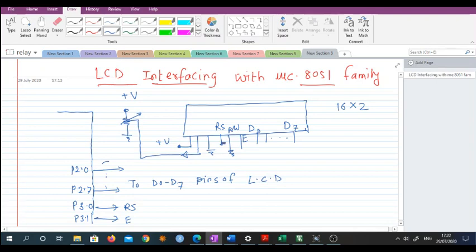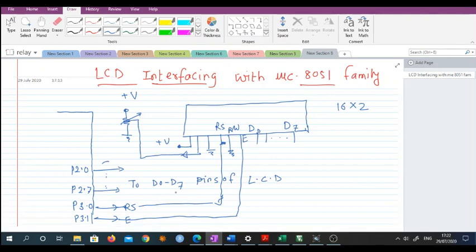The RS pin is connected to pin P3.0, and the enable pin is connected to pin P3.1. In this way the interfacing of the microcontroller with the LCD is carried out. Various pins are connected in this fashion, and then we write a program in Keil.